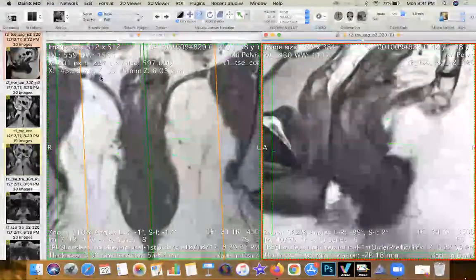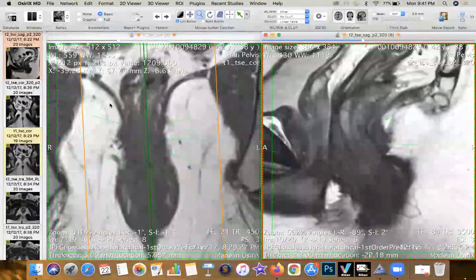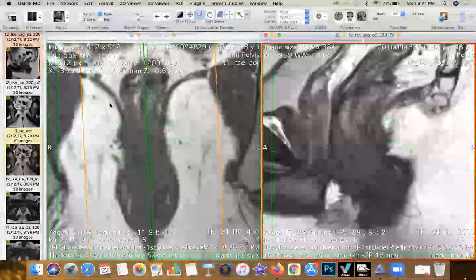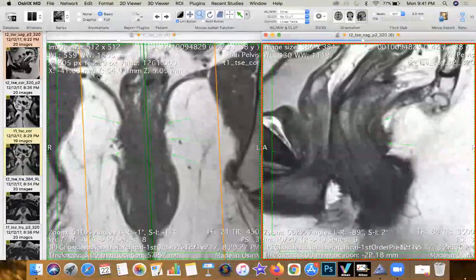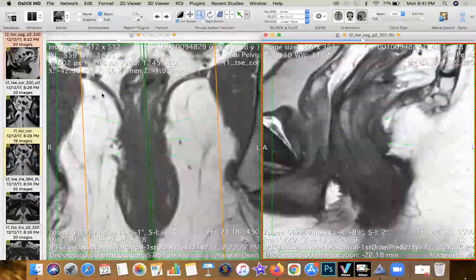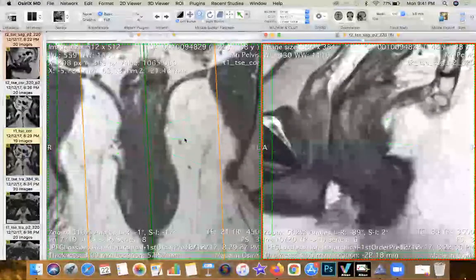The perineal aspect is supplied by the pudendal nerve. The pelvic aspect is supplied by the ventral rami of the lower sacral plexus, which is typically the S3 and S4 trunks. So please remember, S3 and S4 supplies the pelvic aspect. The perineal aspect is purely supplied by the pudendal nerve. So this is very important to remember.